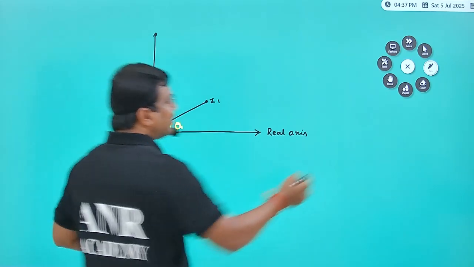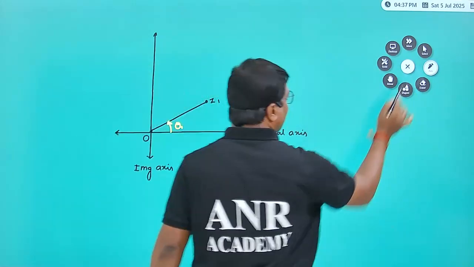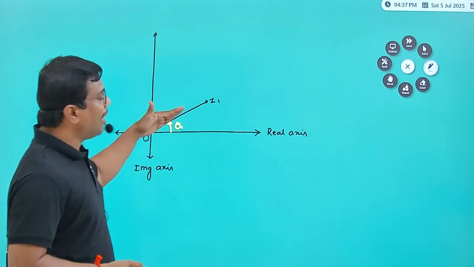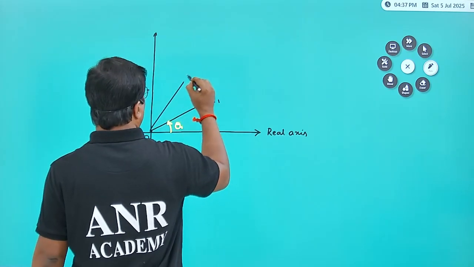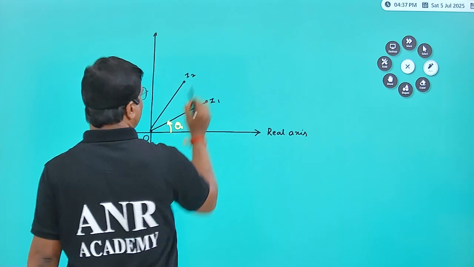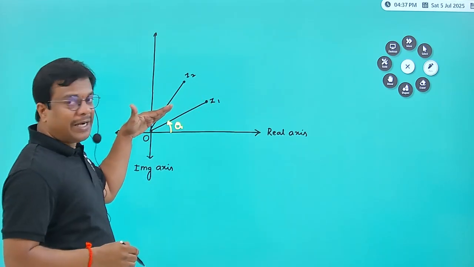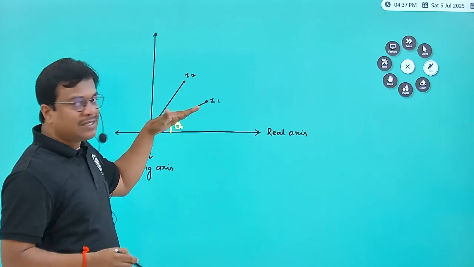In case the vector OZ1 rotates through an angle alpha, and suppose it reaches the point Z2. Rotating OZ1 through an angle alpha, OZ1 changes to OZ2.